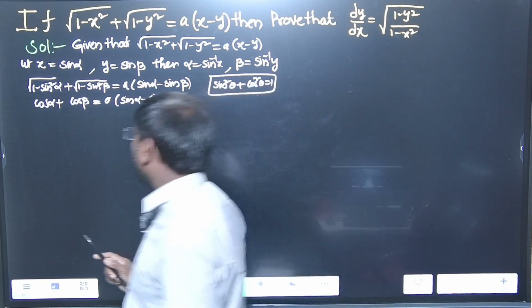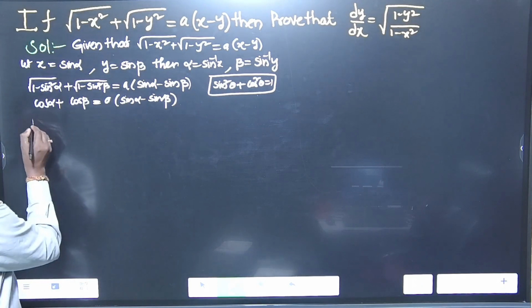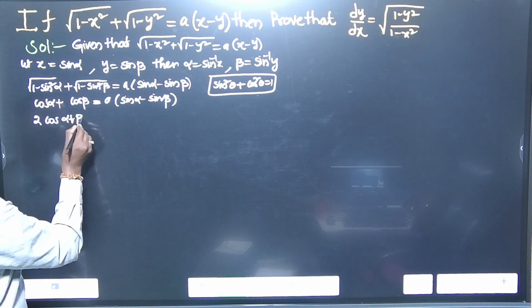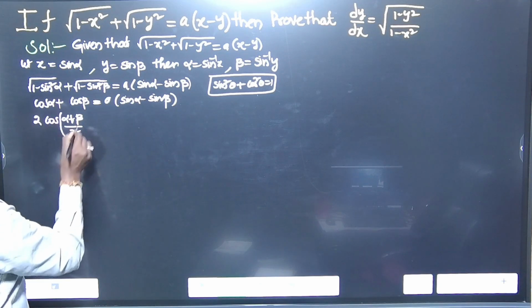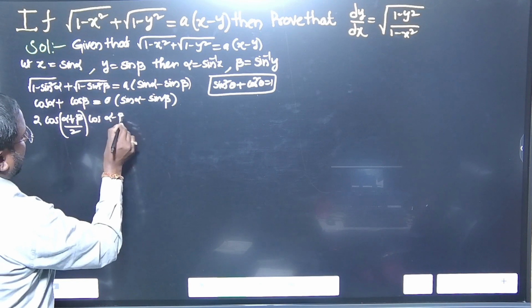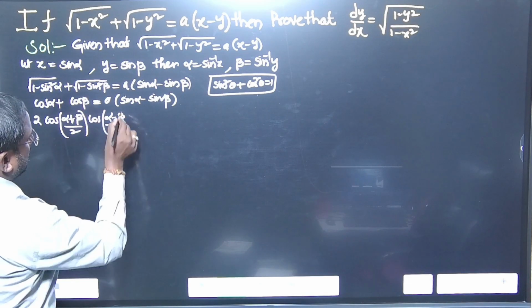By using this formula, students, we get here 2 cos of alpha plus beta by 2 into cos of alpha minus beta by 2.